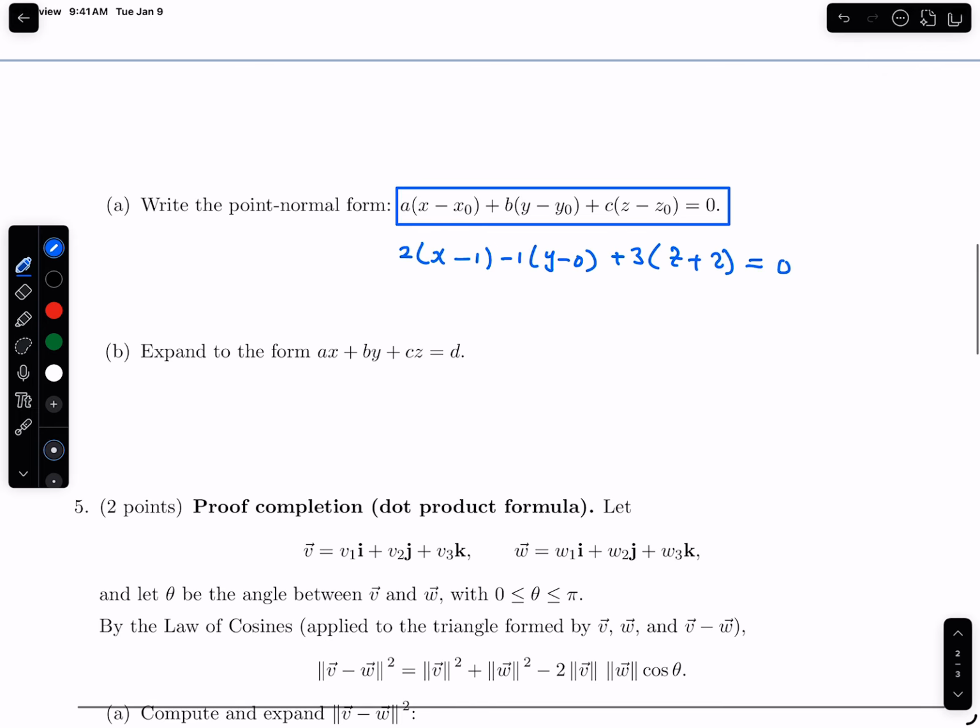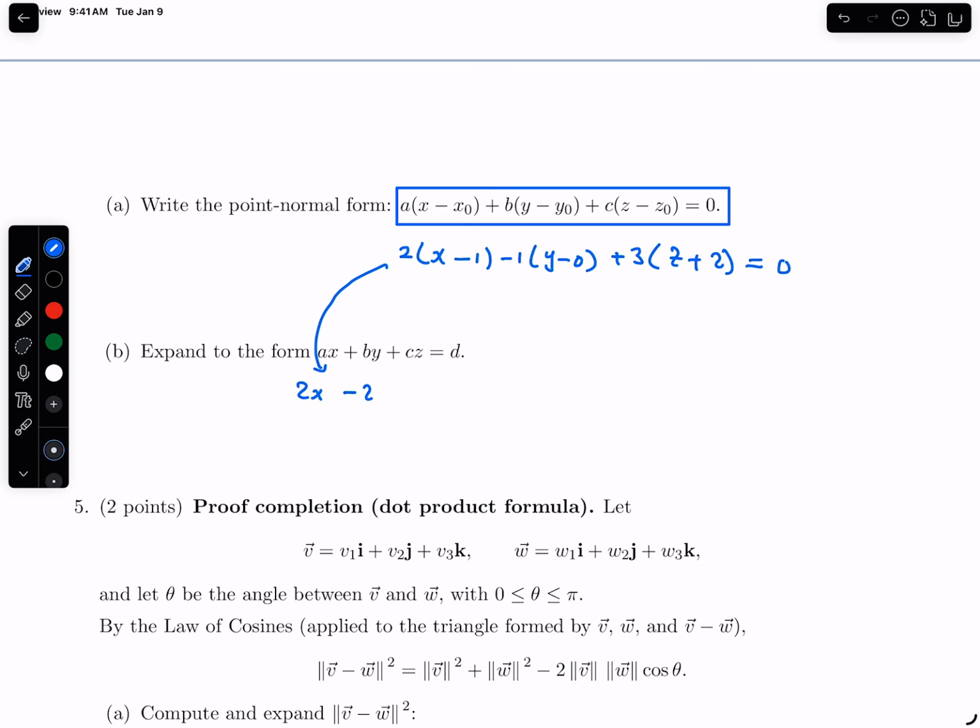Now if you want to simplify everything, we are going to simplify this thing, which is 2x minus 2 minus y plus 3z plus 6 is equal to 0. So 6 minus 2 is 4, and if I subtract 4 on either side, the answer is equal to negative 4.